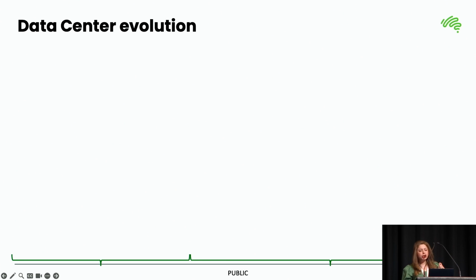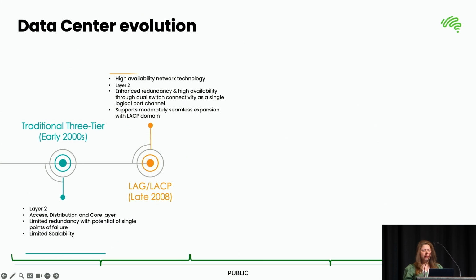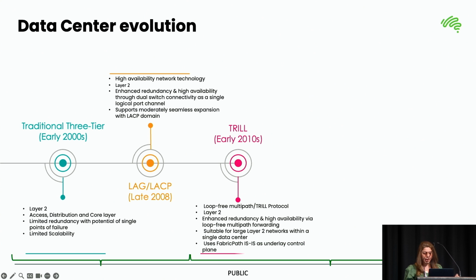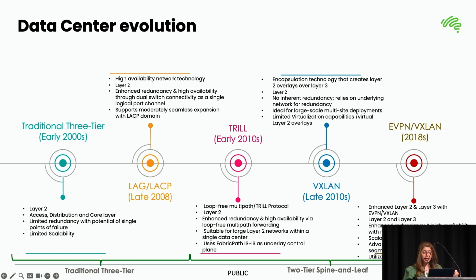Let's explore the data center architecture evolution from traditional 3-tier to more modern EVPN-VXLAN solutions. In the traditional 3-tier architecture, scalability limitation is a big concern. Then link aggregation was introduced in 2018 to overcome the limitation of the spanning tree.